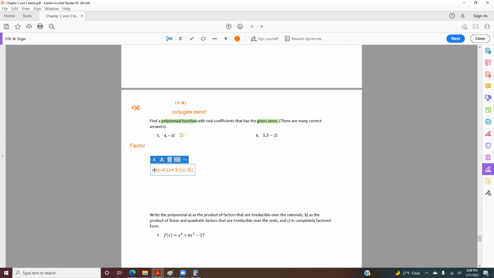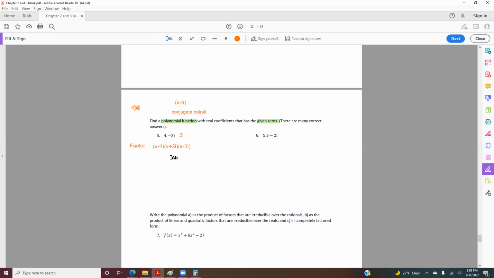Again, when I want you to write this in factor form, your sign changes from positive to negative. That's why the 4 becomes negative, the -3i becomes positive, and 3i becomes negative. And you have to FOIL this question out. Now, I would recommend you not FOIL the first 2, because one is real and one is imaginary.